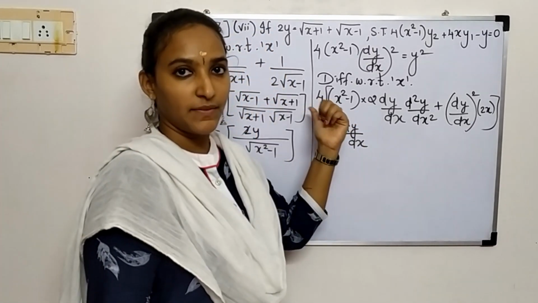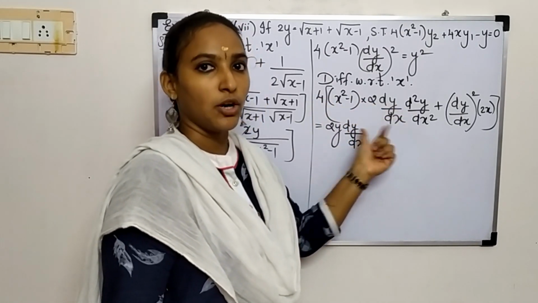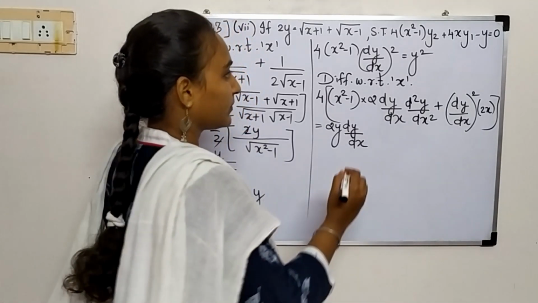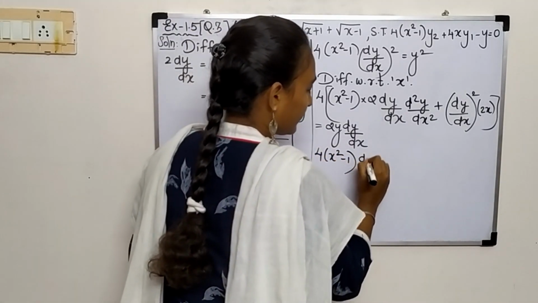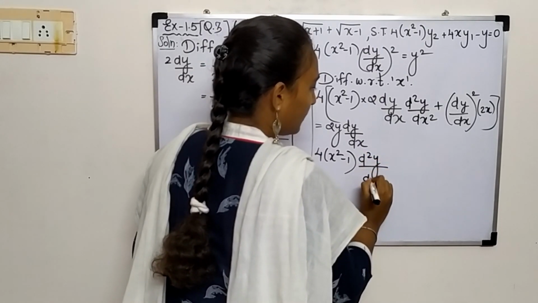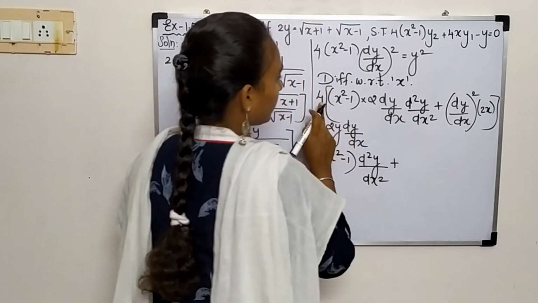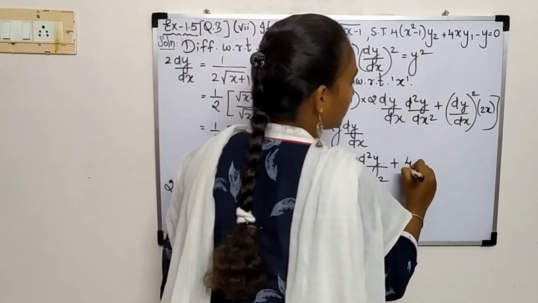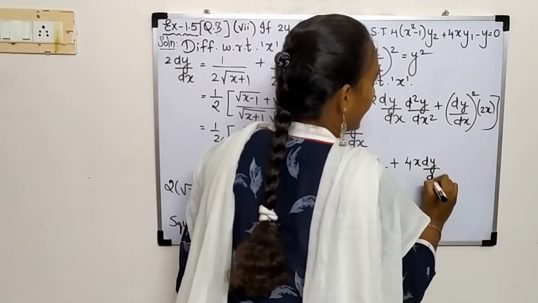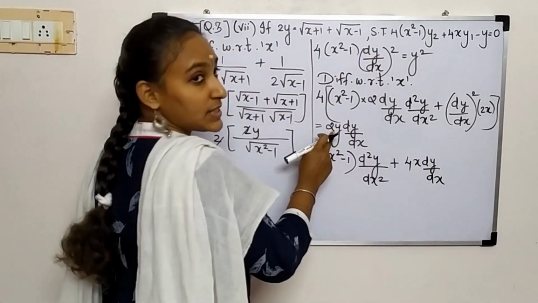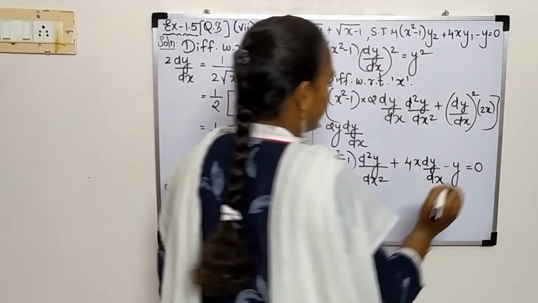Similar to the previous question solved, we are going to take 2 dy by dx common and cancel throughout. So we will be having 4 x square minus 1 d square y upon dx square plus, this 4 will go inside, so 4x dy by dx, and this plus y can be taken to the LHS, so it becomes minus y.